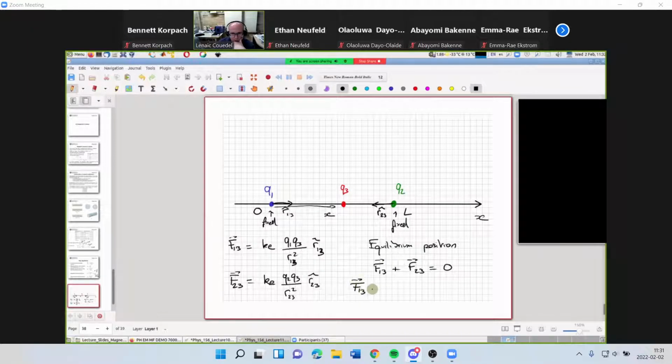I can rewrite it as KE Q1 Q3 divided by x squared, and the unit vector is along the x-axis, so that would just be i hat. You okay with that?